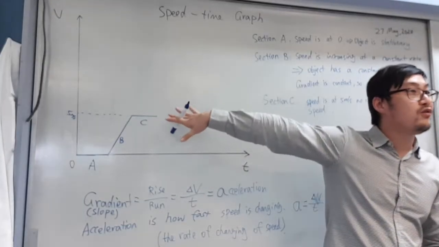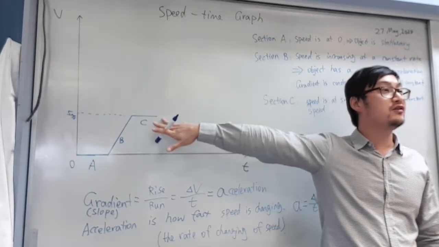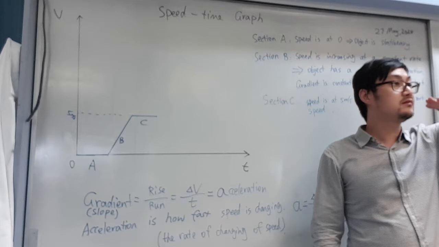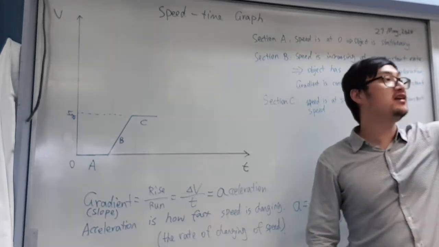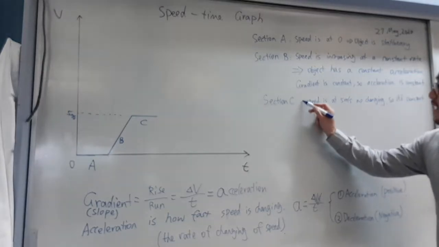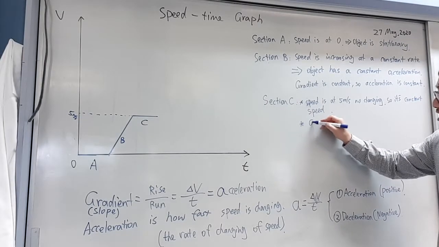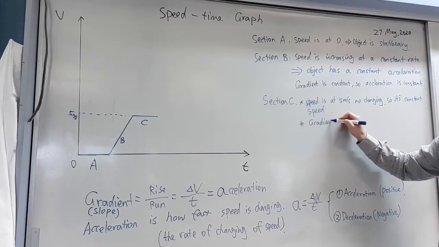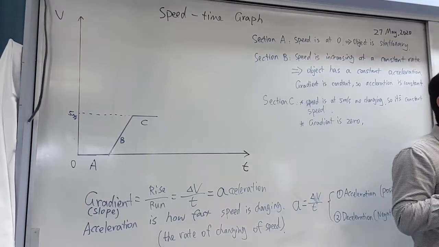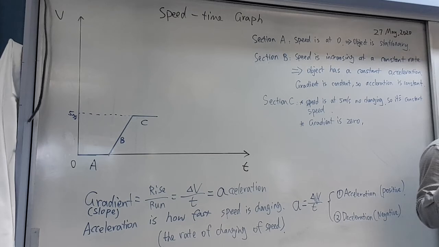Okay, so what is going to be the gradient of C? Horizontal line. From math, gradient is 0, right? Okay, so for section C, another way of explaining it is this. I can say the gradient is 0. If gradient is 0, then what is acceleration going to be?